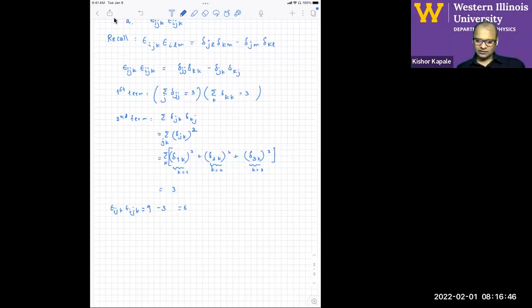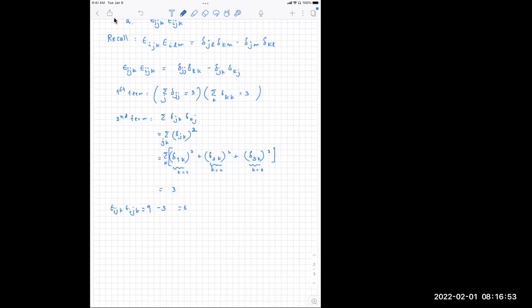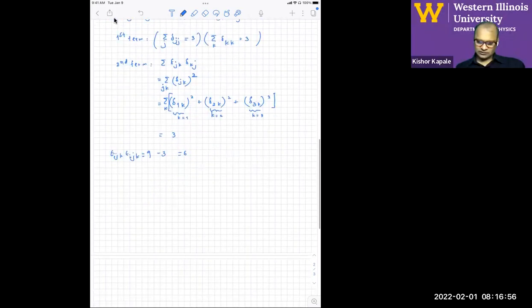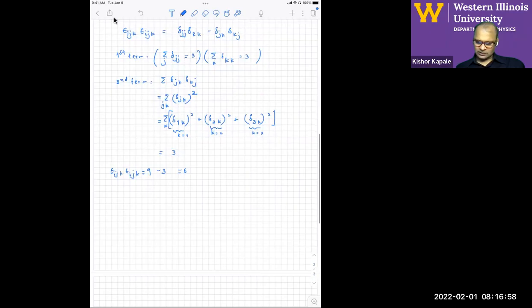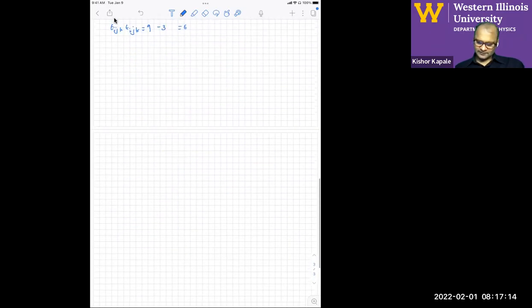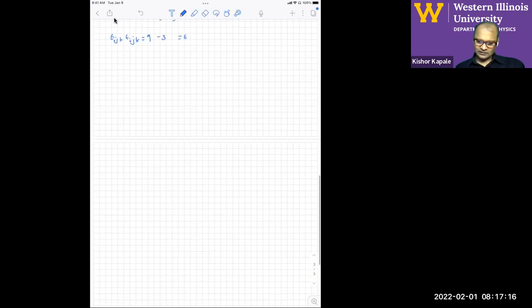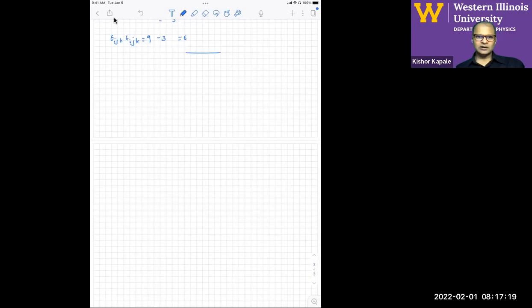Okay, very good. That looks fine. It's because of the double summation that the other terms survive. Okay, very good. So you got that. Any thoughts, questions, concerns?